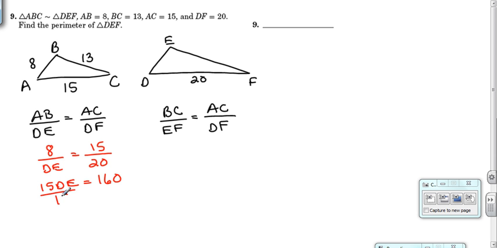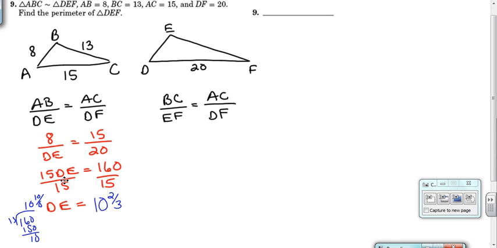Divide each side by 15. So now I know DE is equal to 160 divided by 15. 15 goes into 160 10 times, that's 150 with 10 left over, so that's 10 fifteenths. 10 fifteenths can each be divided by 5 to get me down to 2/3. So I know DE is 10 2/3.